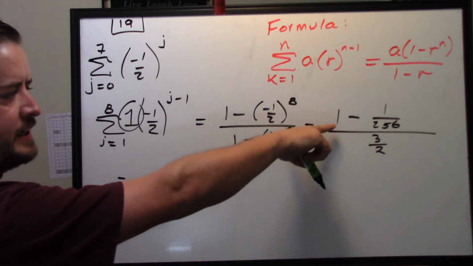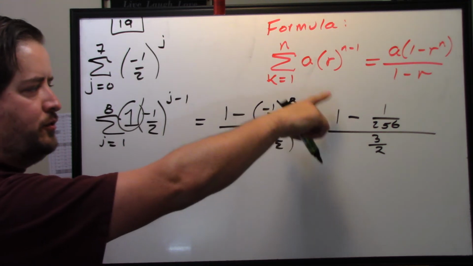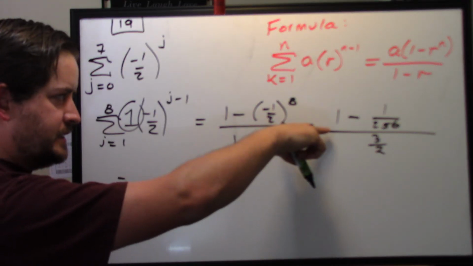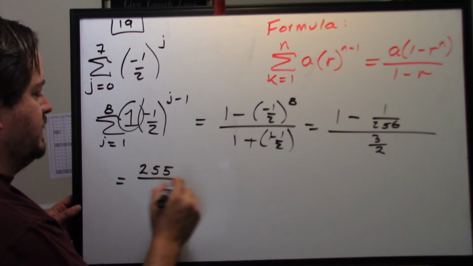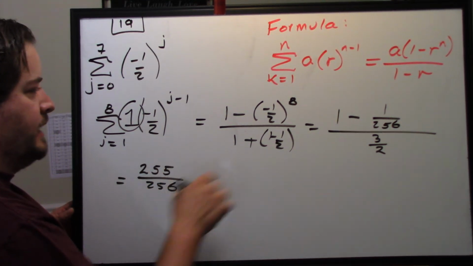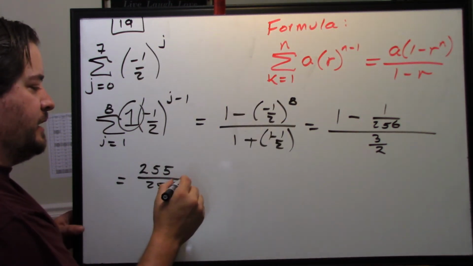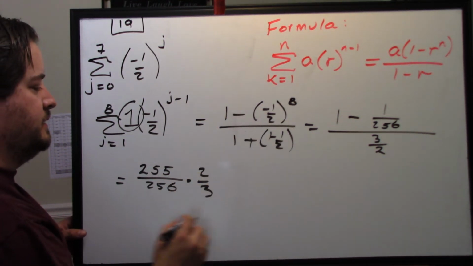So in the same way that I did last time, I'm going to call 1 256 over 256. Minus 1 is 255 over 256. And since I'm over 3/2, I'm going to flip that and call it times 2/3. Right?